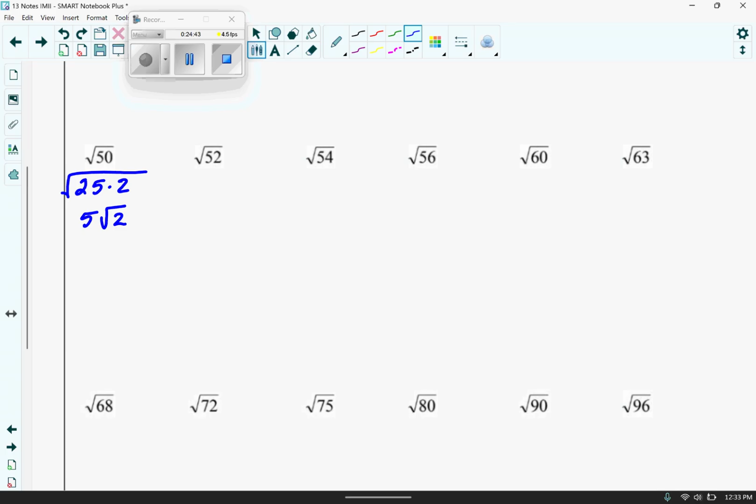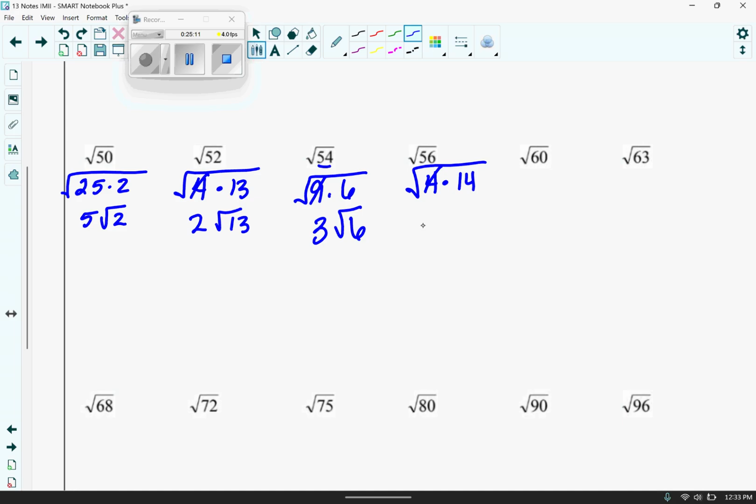52. Well, the number 52, we're going to go with halves again, and we're going to say, oh, well, 4 times 13. The square root of 4 is 2. 54, they add up to 9, so 9 times 6. Square root of 9 is 3, so 3 radical 6. 56 divides by 4 times 14, I believe.